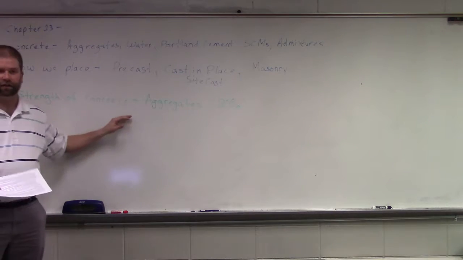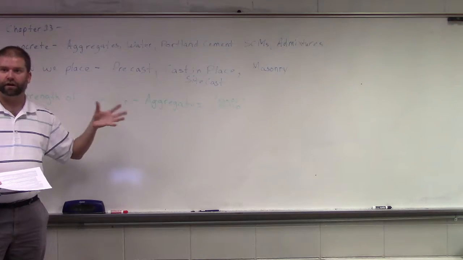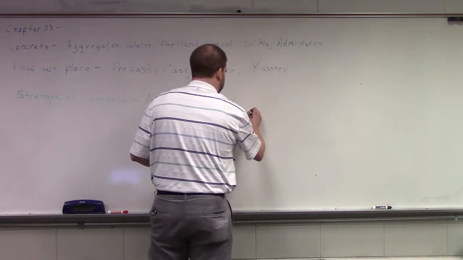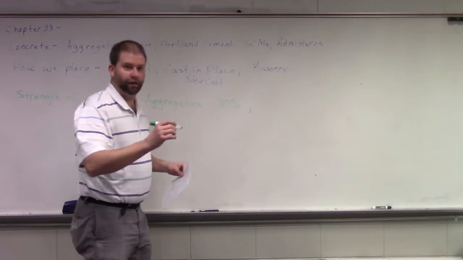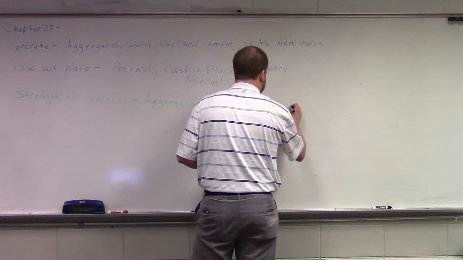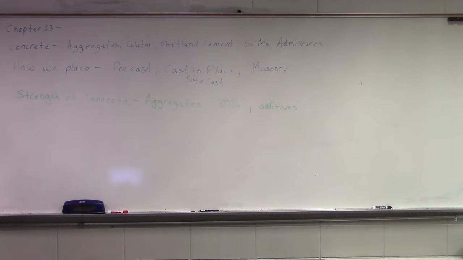A lot of quality testing goes into the aggregates themselves. Okay, not only their properties, but how they interact with cements. What are some other things we need to be aware of? Additives. Any of our additives can impact it? Yep. Okay, so we can add air entraining agents, right? That will lower the strength a little bit, but it helps our durability.